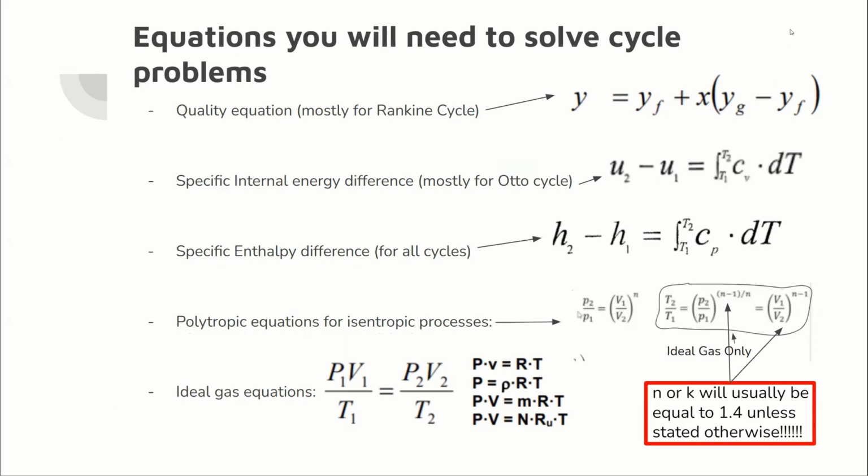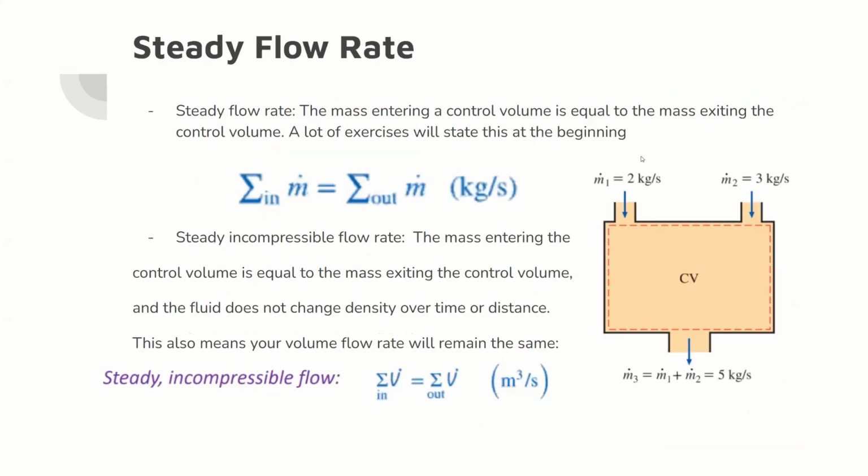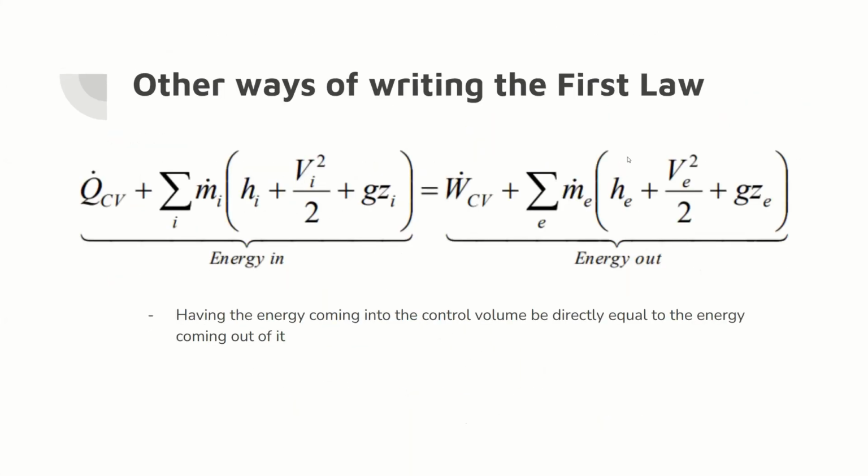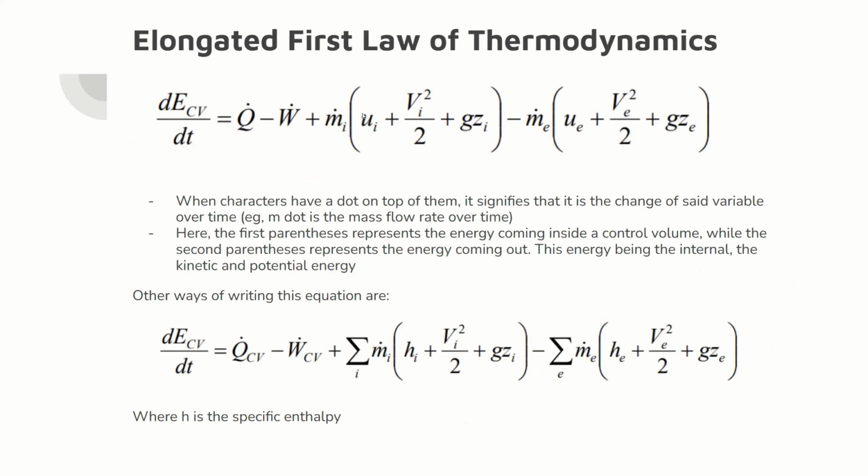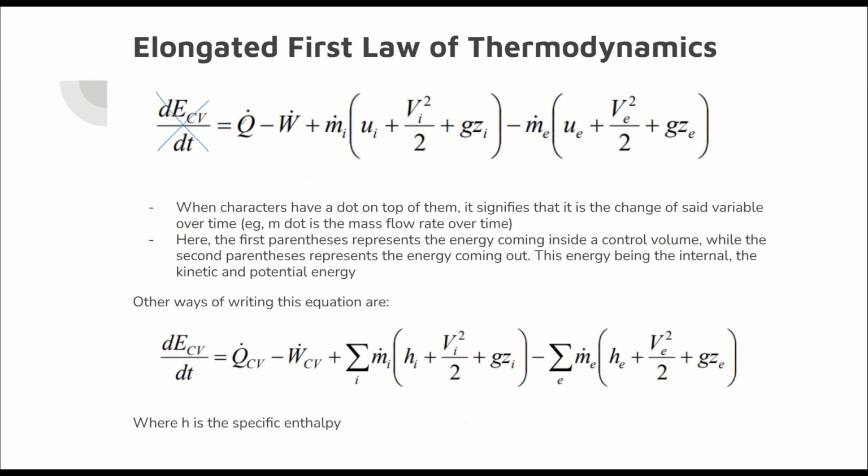And in a lot of the exercises, if we go back to your first law equation, say dE dt is equal to 0, you have no heat transfer in this case, no kinetic energy, no potential energy. And so you can rewrite the equation like this. Let's say it's steady as well, so that the mass flow rate at the inlet is equal to the mass flow rate at the exit.